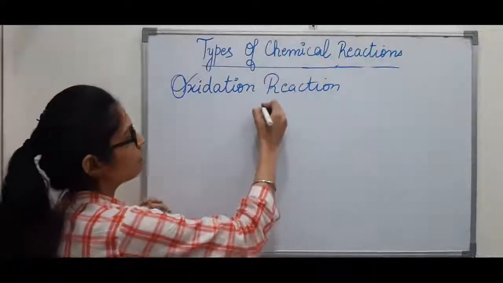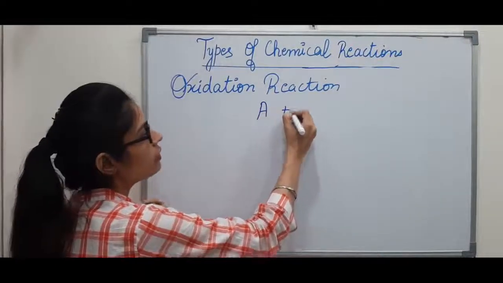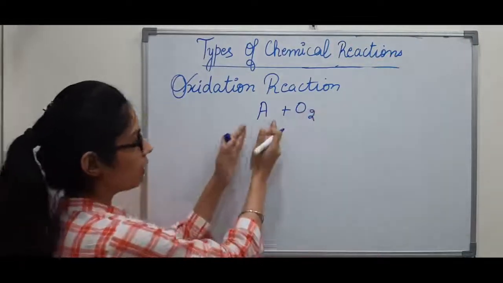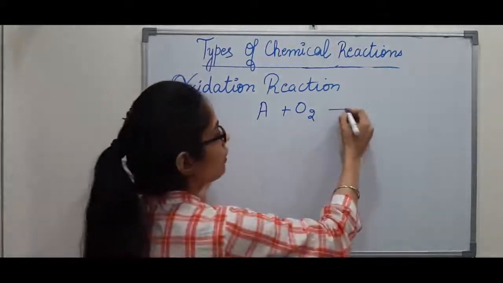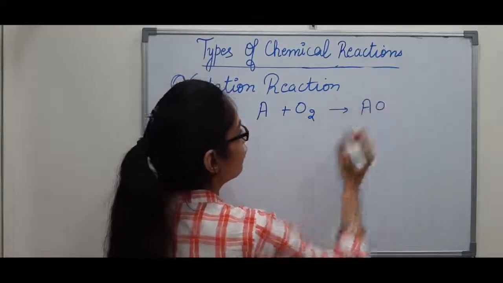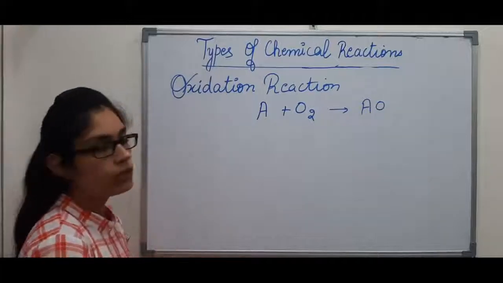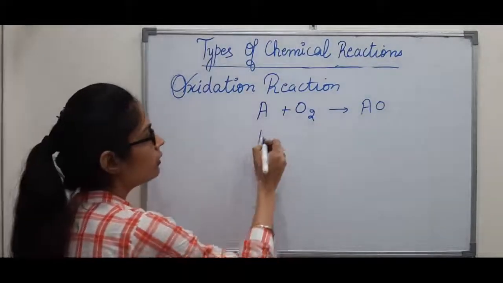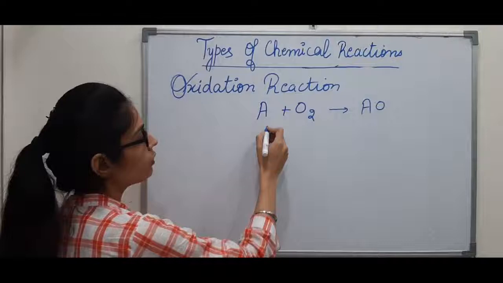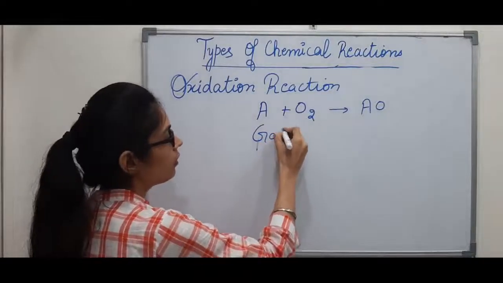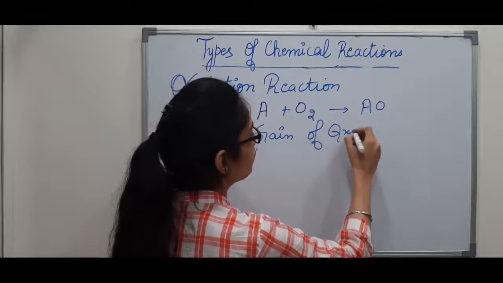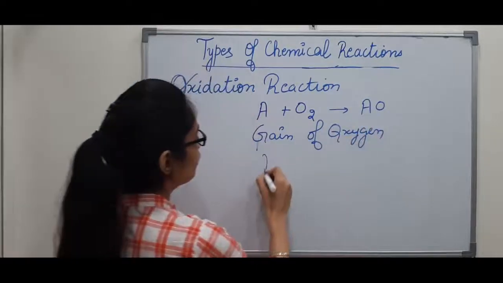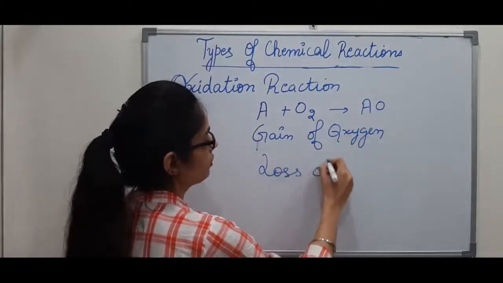If there is addition of oxygen in any reactant or element, that reaction is known as an oxidation reaction. Either there can be gain of oxygen, or it can be loss of hydrogen.